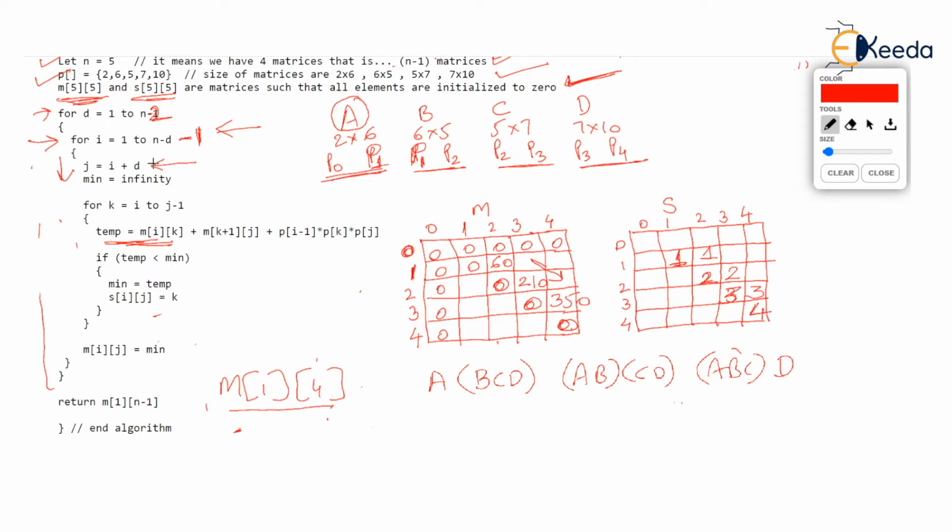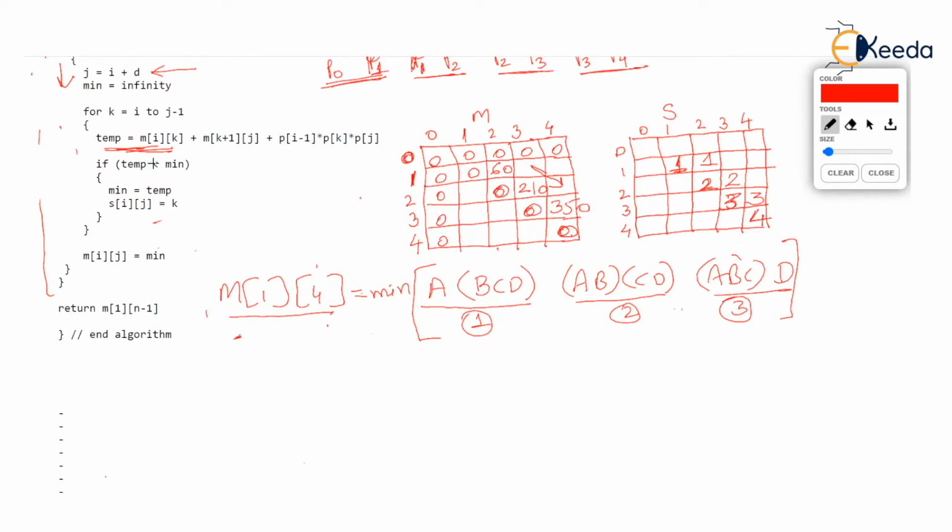And what you do is you find out how many multiplications will be needed for the first combination, how many for the second, and how many for the third, and you take the minimum. So M14 is going to be found by taking the minimum of all this. But let's see the first thing, A multiplied by BCD. Now, how will you compute this? A is nothing but M11, because you are given only one matrix.